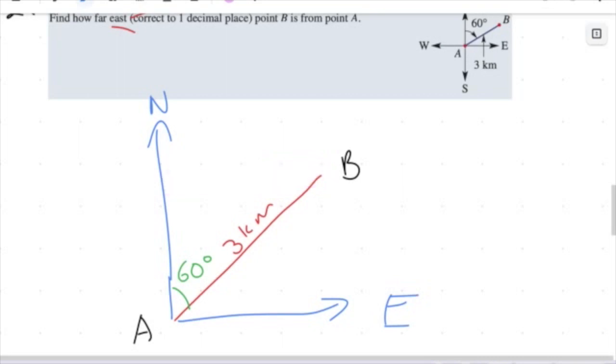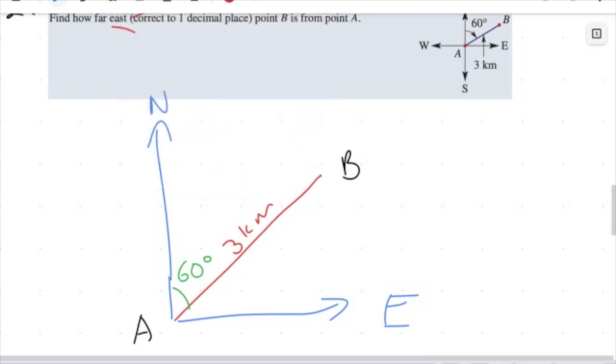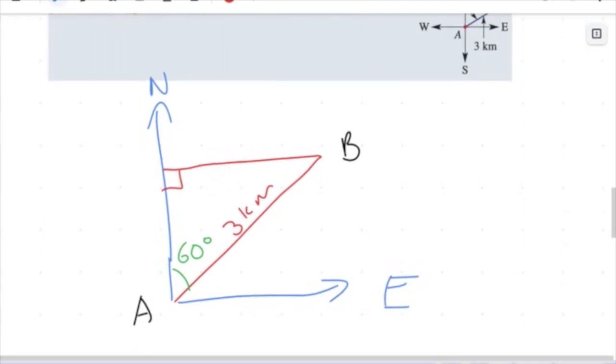Now, if I draw a perfectly horizontal line from right to left, now this is east, the angle it makes with north is going to be a 90-degree angle. Because remember, the north direction is always perpendicular with the east direction. It always makes a 90-degree angle.